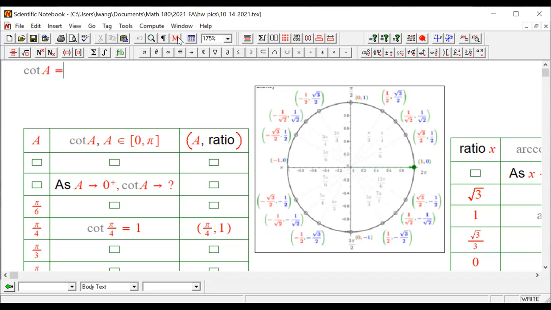Is it x over y, or is that wrong? It's x over y, right? So what is x? What is y?